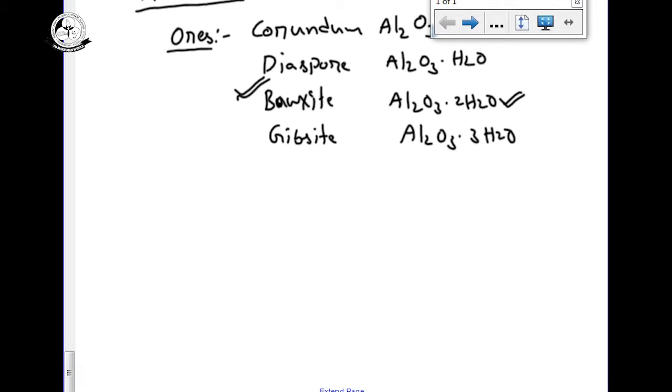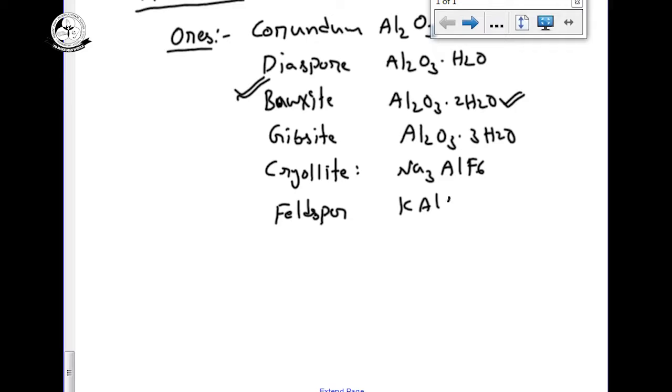That is the best ore for aluminum. Cryolite is Na3AlF6. Feldspar is potassium aluminum silicate, KAlSi3O8.